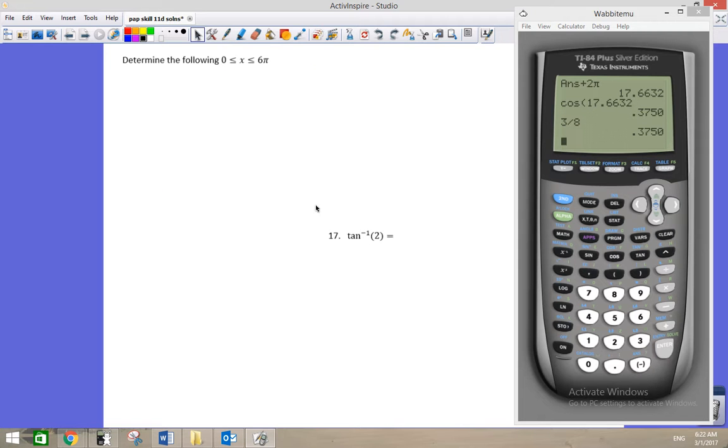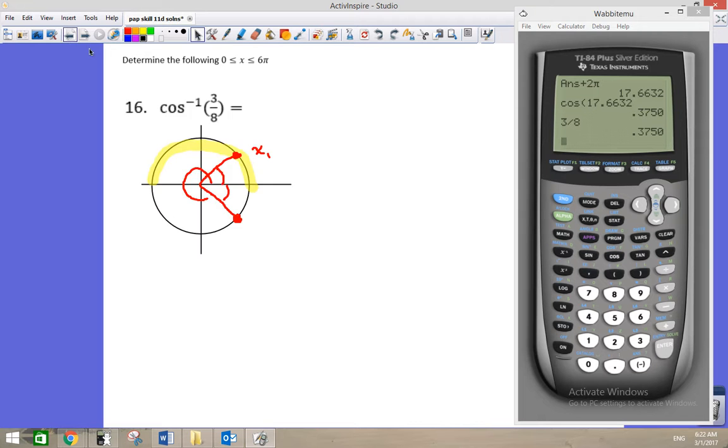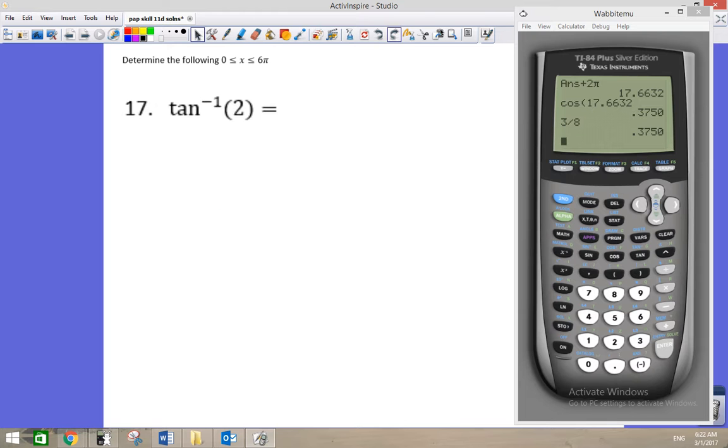So on this tangent, again, we're expecting 6 solutions on 0 to 6 pi because on each single revolution, we find 2 solutions. Let's point those out. Tangent is positive in quadrants 1 and 3.